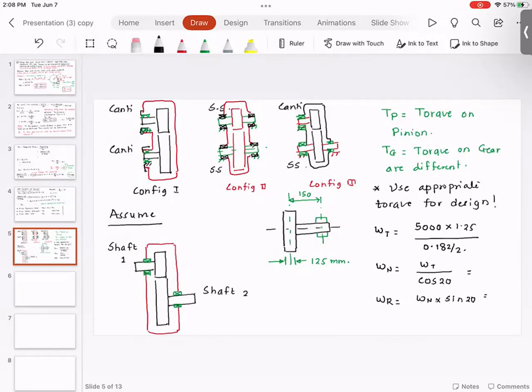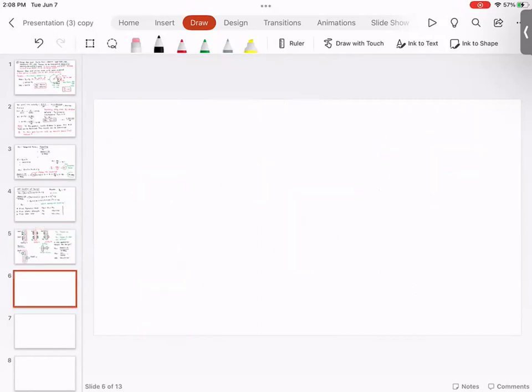So once we find out these values, next step, and we are designing the shaft for the pinion, we have Wr, Wt, and we have Wn.